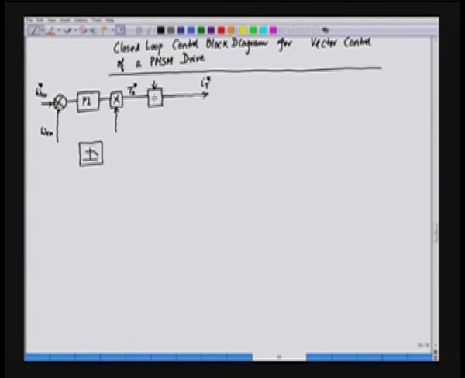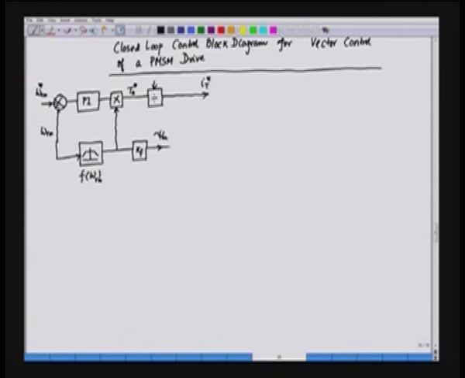This is a function generator we have, and from this we feed it to the function generator, and we can call this function f of omega r m here, and this output goes to this particular block, and then this is multiplied by a constant that is k f to give us the magnetizing flux.